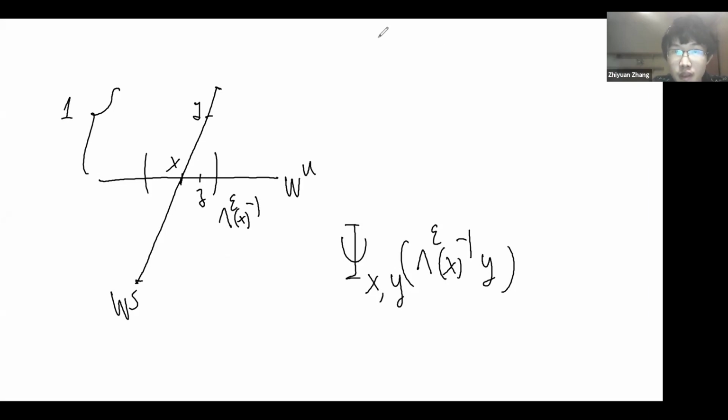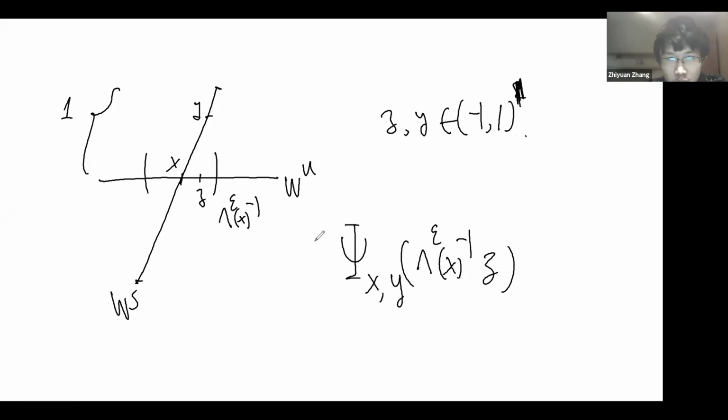As this becomes smaller and smaller, the whole thing tends to 0, right?